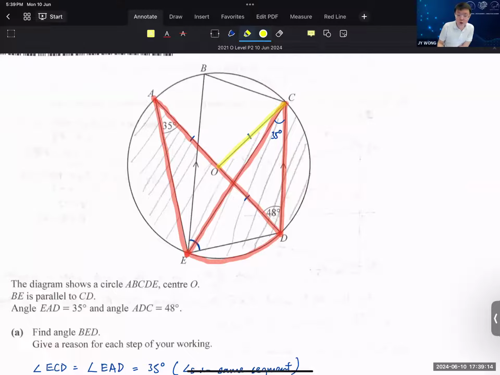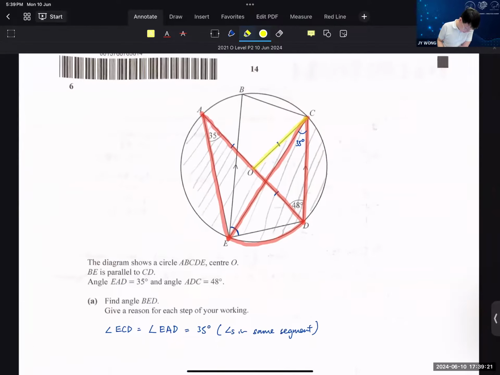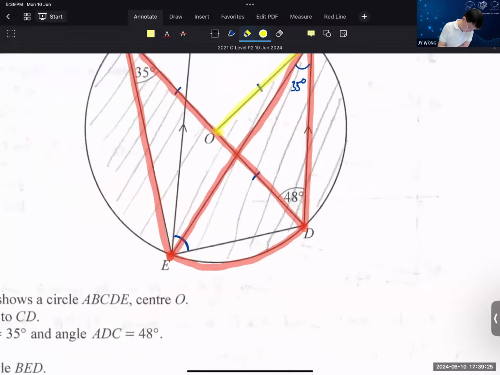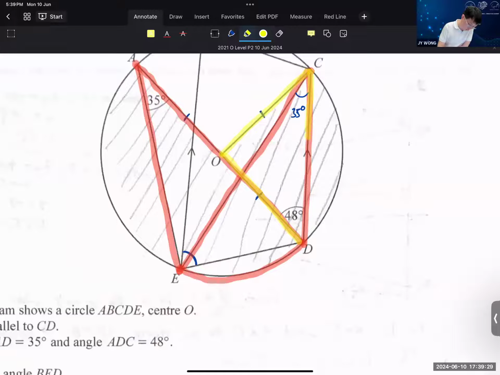The question wants you to find angle BED. But anyway, I'll draw in the isosceles triangle first. Take note that if you find more angles than what is necessary for the question, it doesn't matter. Finding more is fine. Finding less is not. What other angles do we have?